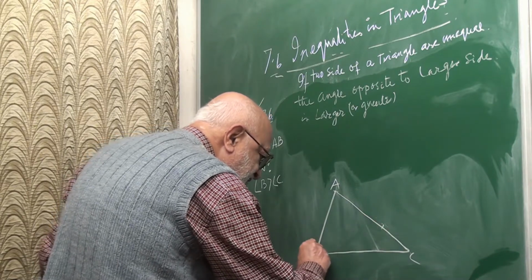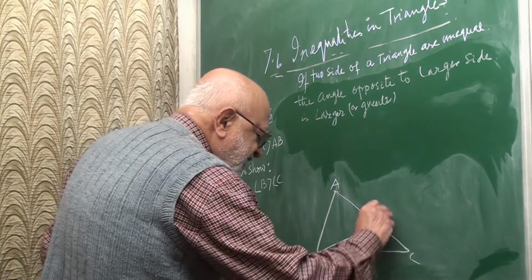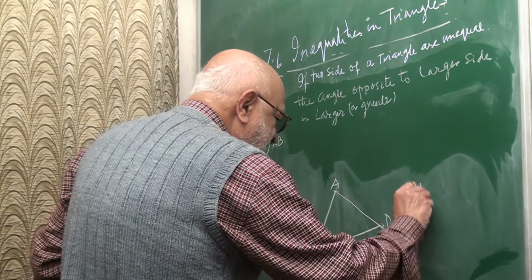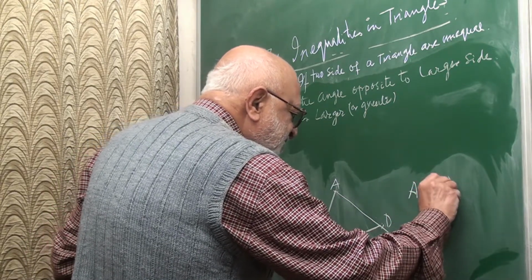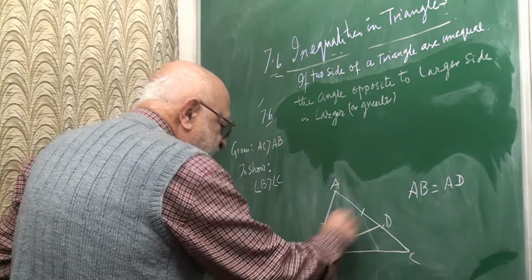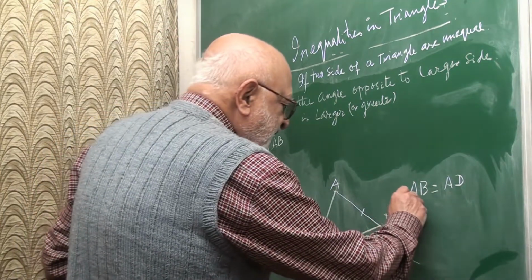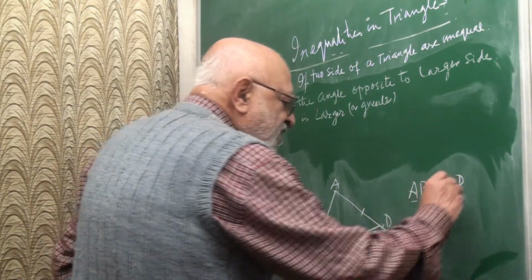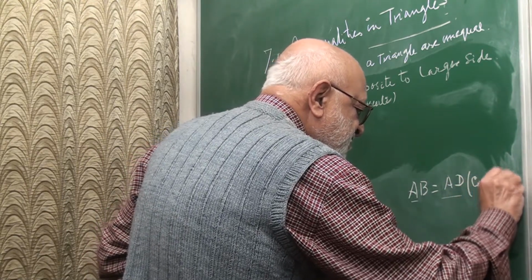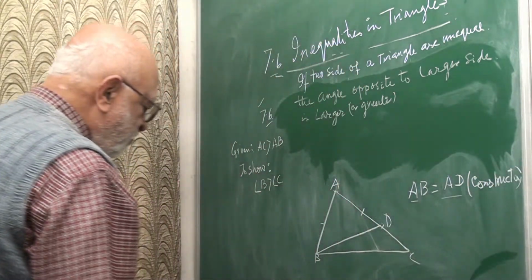That means I will draw this line and call this point D. So here AD is equal to AB, that means this side is equal to this side. This is by construction.